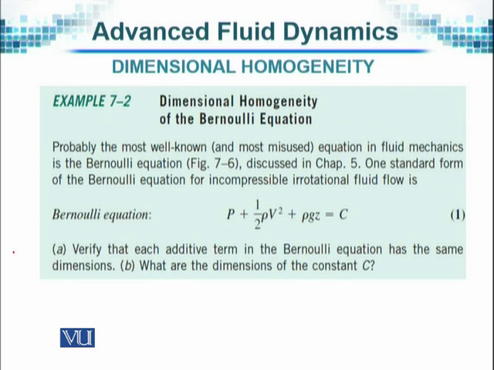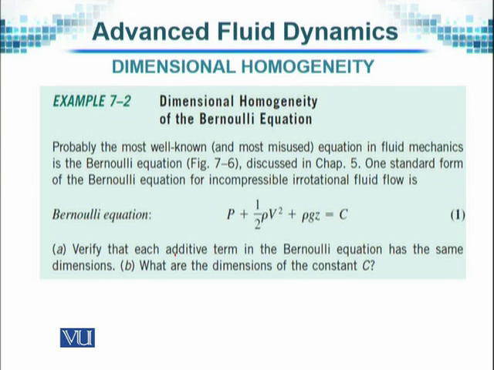Now that it is given in the present form, we have to see in this question that each term has the same dimension, and when we say the same dimension, I mean the primary dimensions that we just defined. So that's the question.